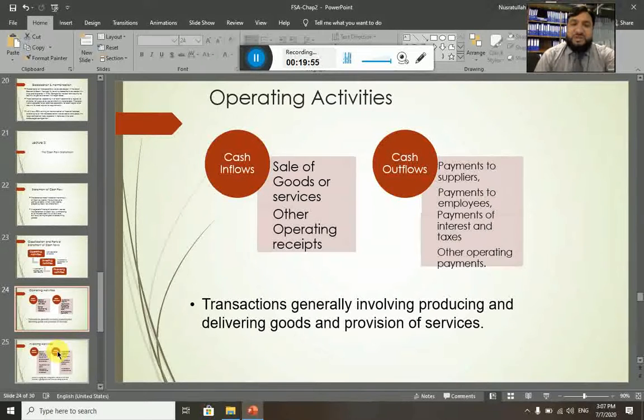So all the operating activities transactions generally involve producing and delivering goods and provision of services. All the transactions related to producing and delivering goods and services are under operating activities, and then we have to see whether money has come in or gone out of the organization, and categorize accordingly.